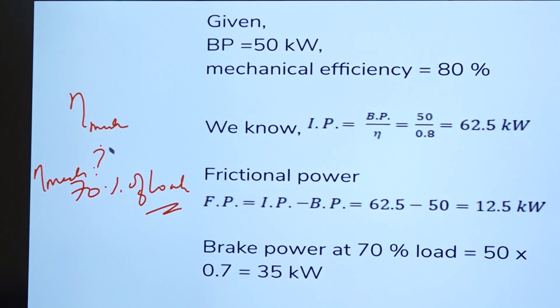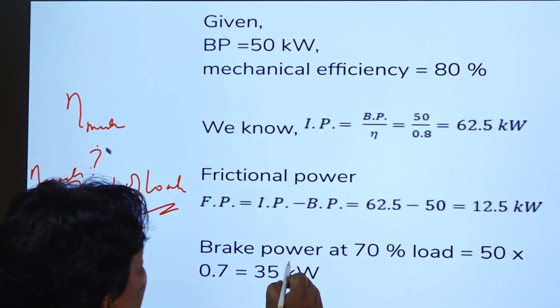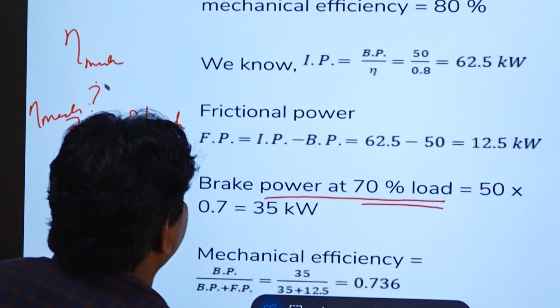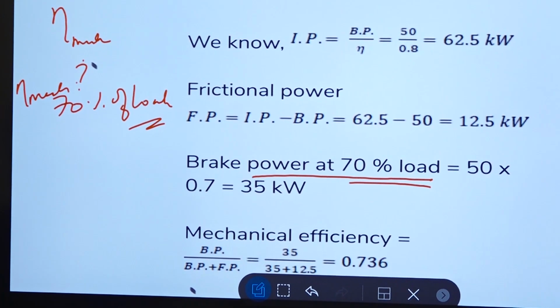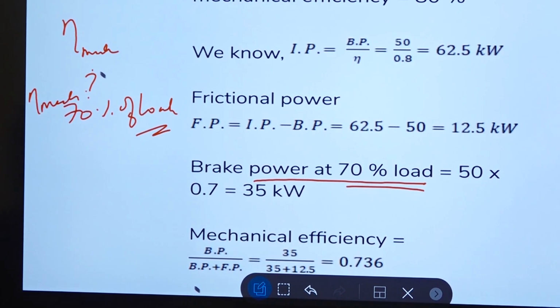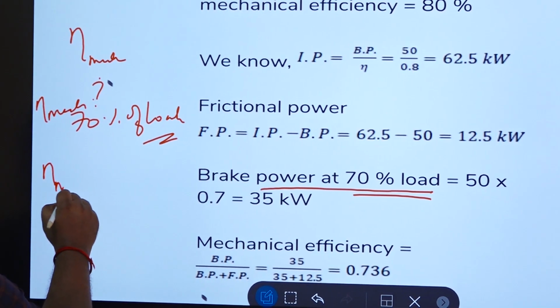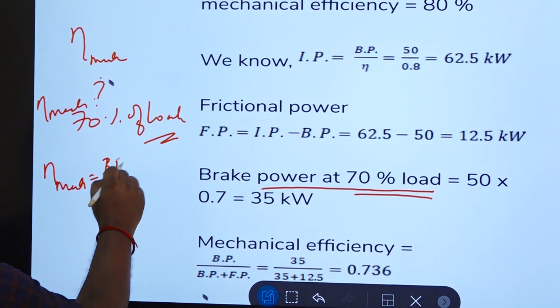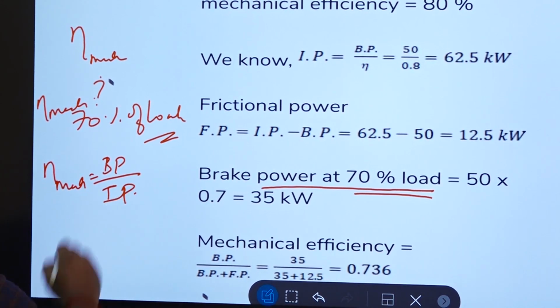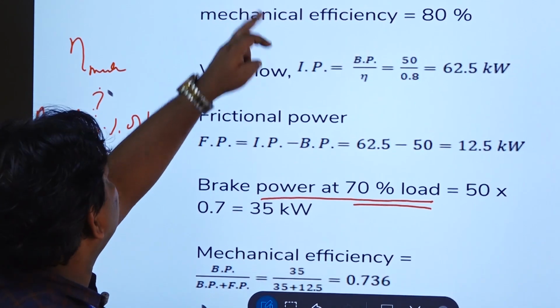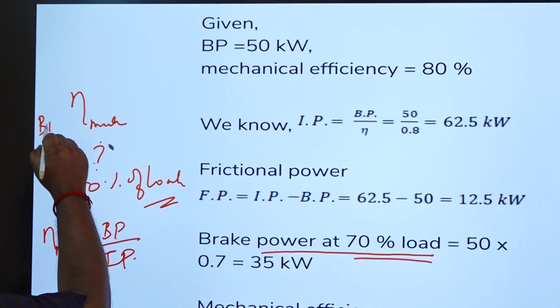Okay, so you can see here, what will be the brake power at 70% of the load? So you have to use the mechanical efficiency formula, that is eta mech is equal to brake power divided by indicated power. The brake power is given to you, it is 50 kilowatt.